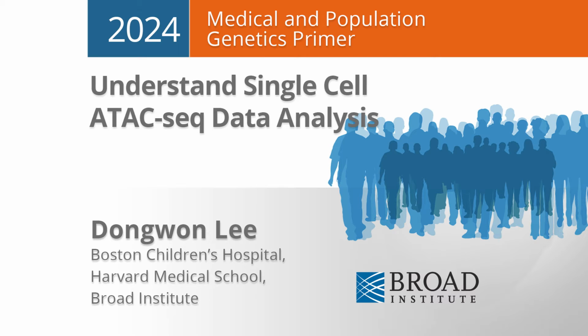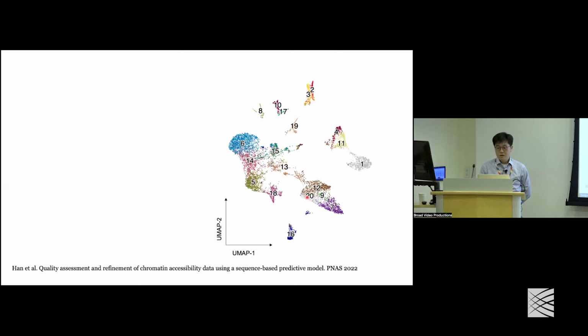So today, I'm going to talk about the details of single cell ATAC-Seq data analysis. You have probably seen this type of figure many, many times, right? This is a type of visualization for single cell analysis, either single cell RNA-seq or ATAC-Seq.